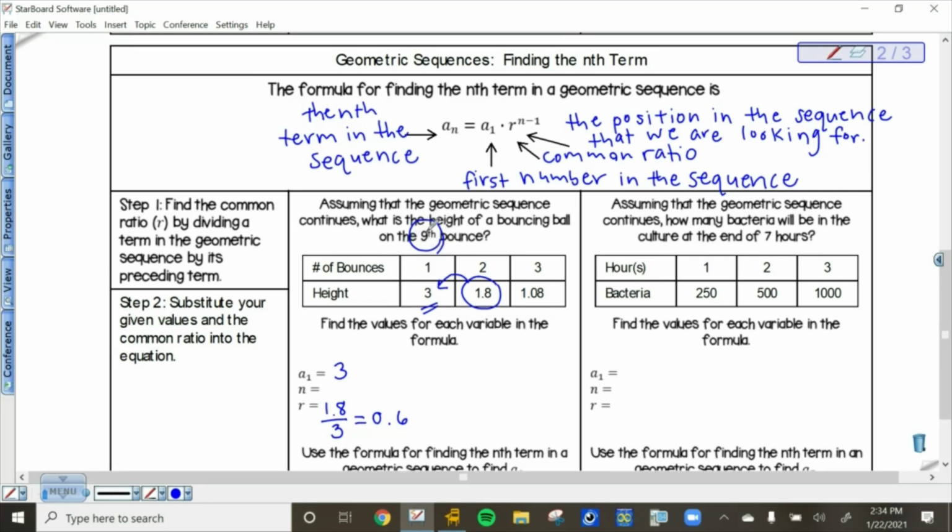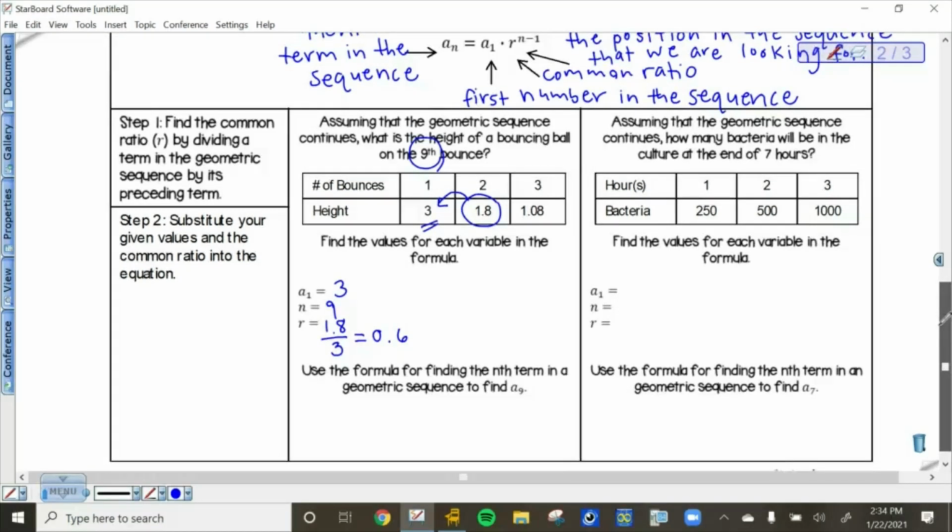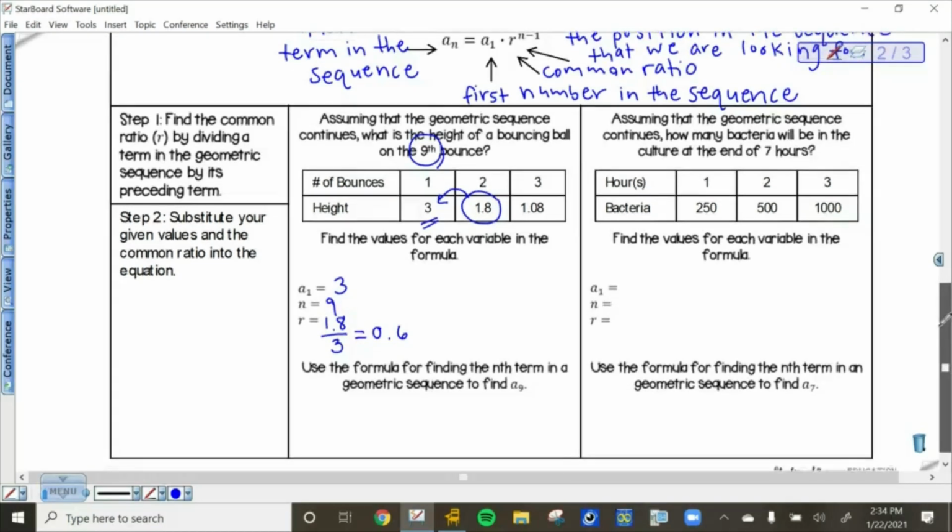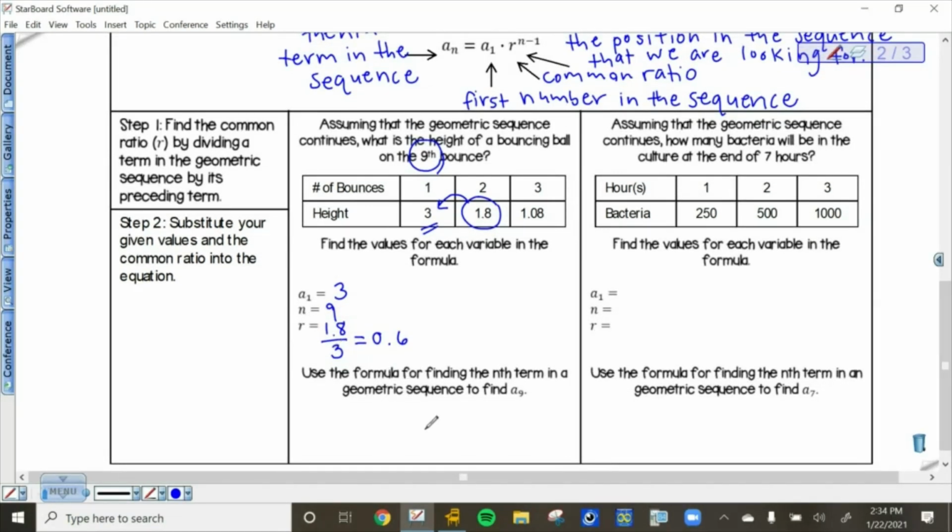So 9 is our term that we're looking for. So that's going to be N. And then we use our formula to find the nth term, to find A9. So we replace n with 9, A1 with 3, and R with 0.6.